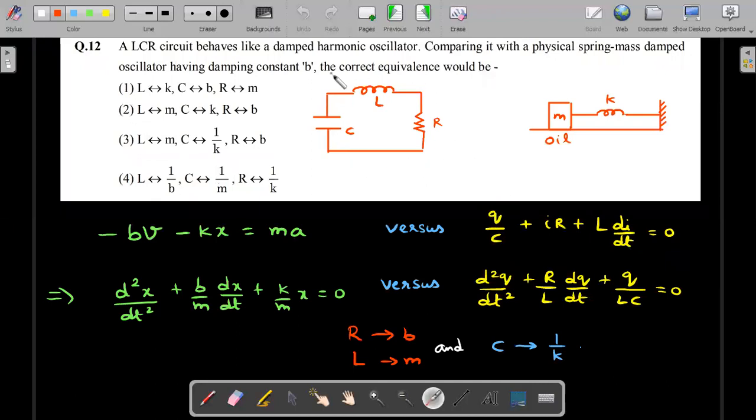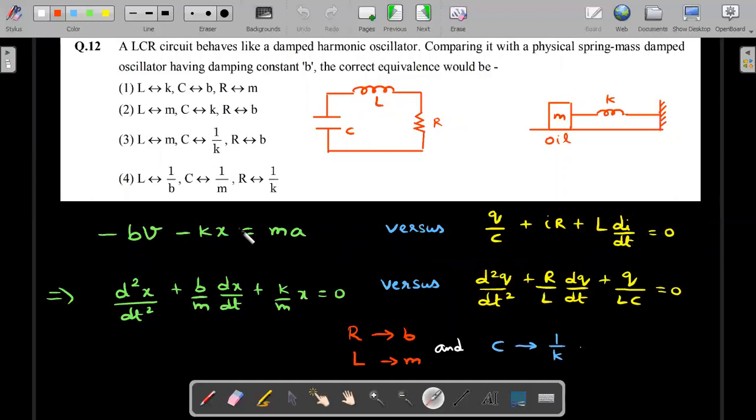If you are comparing an RLC circuit with a simple spring block system with oil, which provides the viscous force, for this FBD you should be able to write minus B times V, the viscous oil force, minus KX, the force which is going to push it back, equal to MA. This is versus the equation where you apply Kirchhoff's voltage rule, which is Q by C plus IR plus L di by dt equal to 0.